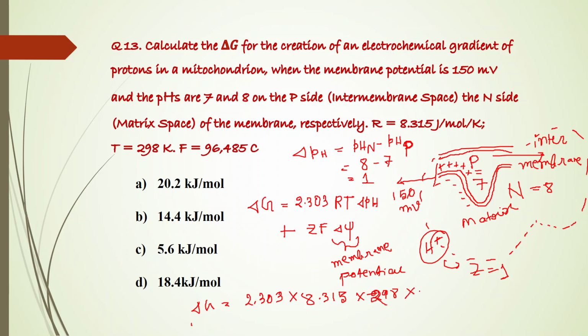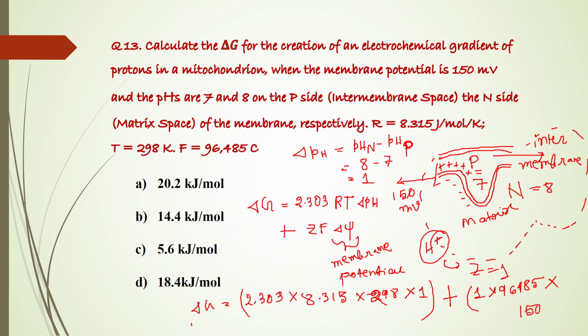So this is one of the values, plus we have our ZF delta psi. So Z is 1, F is 96,485 coulomb, that is a constant, and you have your delta psi 150 millivolt.